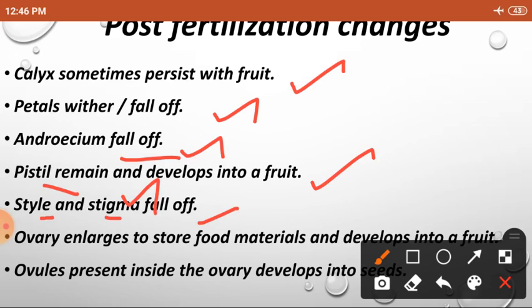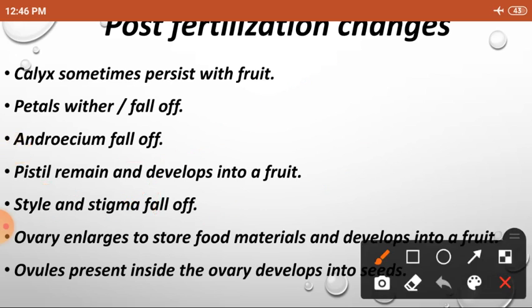So these are the post fertilization processes. Post fertilization means after fertilization. What will happen after fertilization? First, the calyx sometimes will be there along with the fruit. Petals fall down. Androecium, the male part of the flower, falls down.